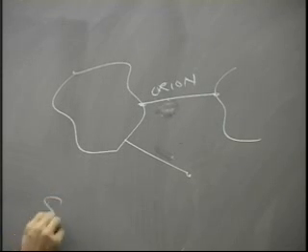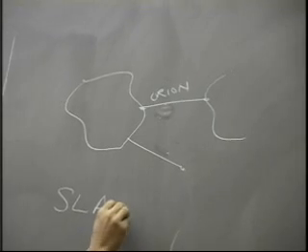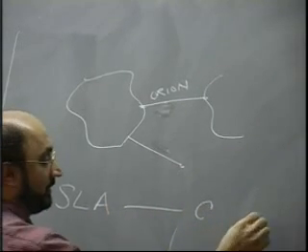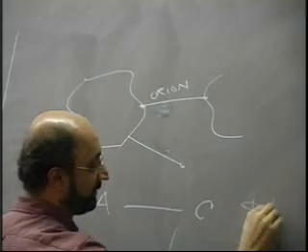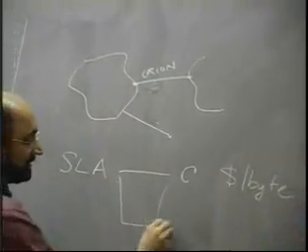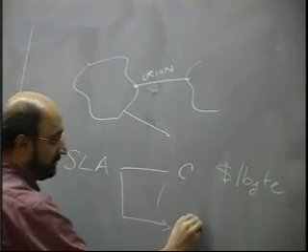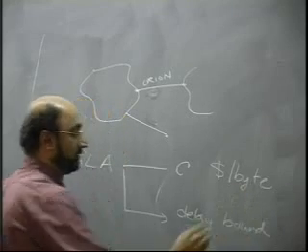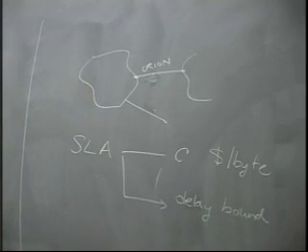An SLA is like this: it says, I'm going to charge you this cost per byte, C, you can think of C dollars per byte, and I'm also going to give you a delay guarantee of some delay bound. That's a service level agreement.